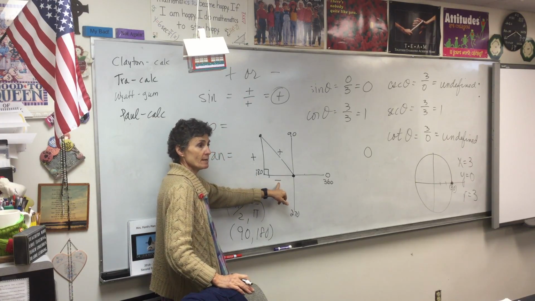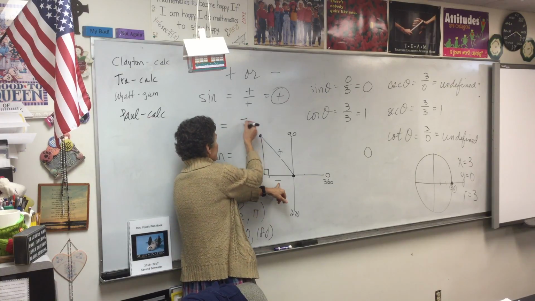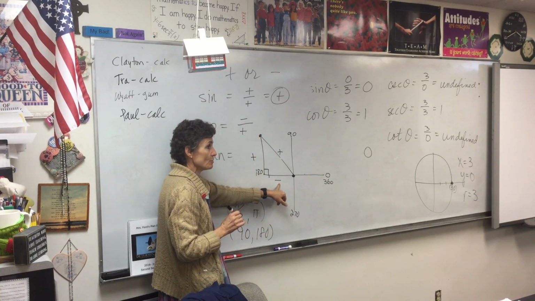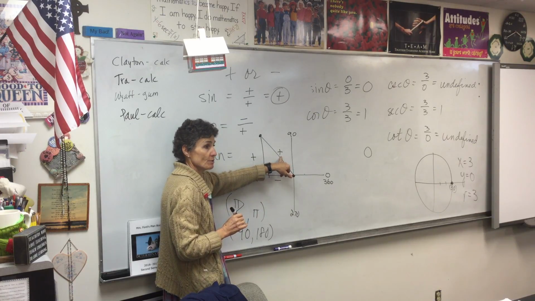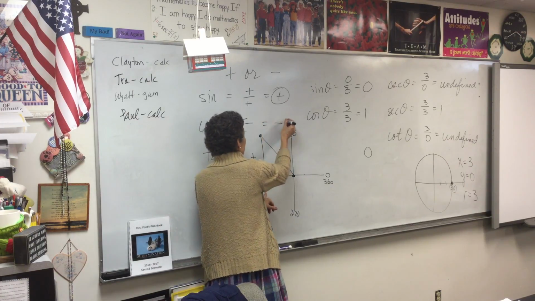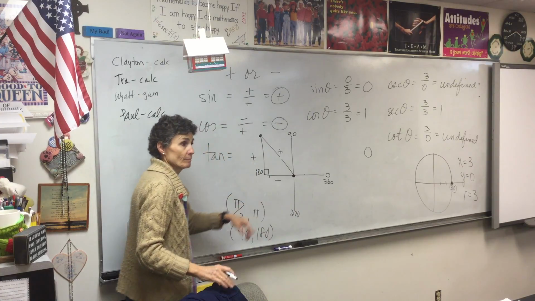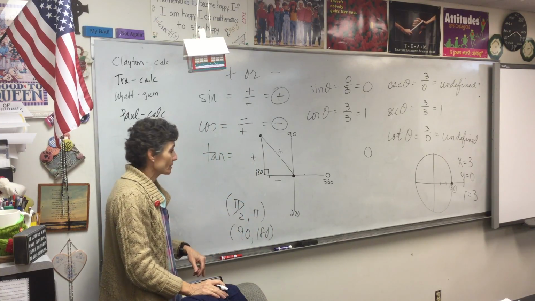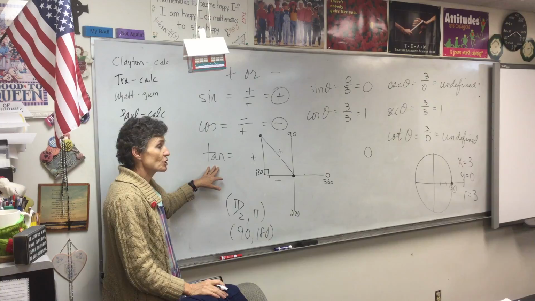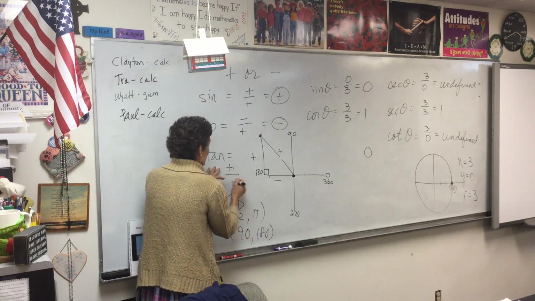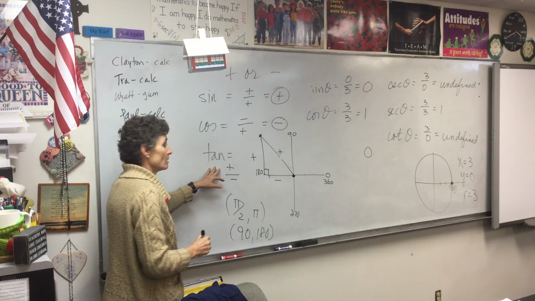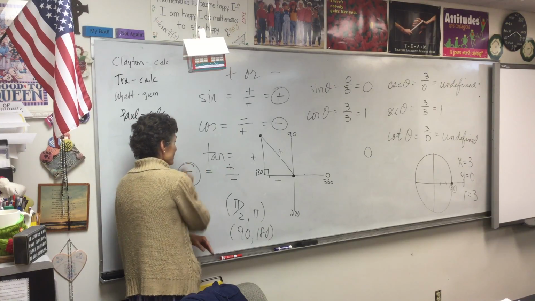Cosine would be adjacent over hypotenuse, which would be a negative number. And what about tangent? Opposite over adjacent would be negative.